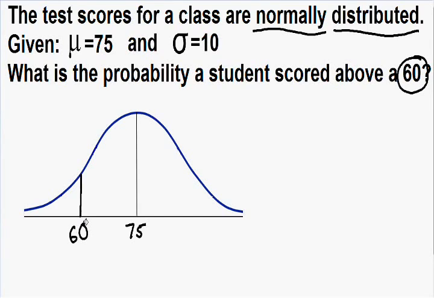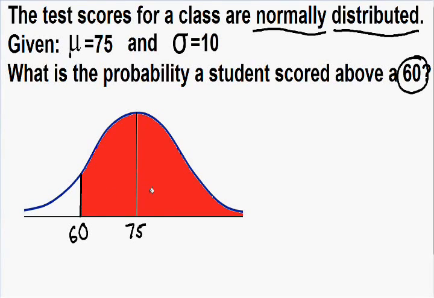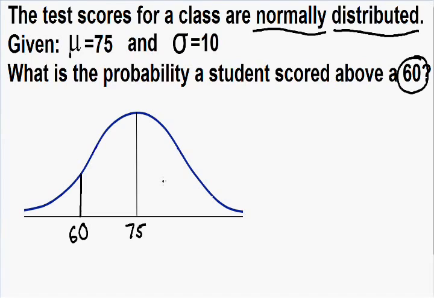So now, if we want to find the probability of a student scoring above a 60, the only thing we have to do is find the area above the value of 60. But the question is, how exactly do we find that area? And this is why we need to use our z-scores.